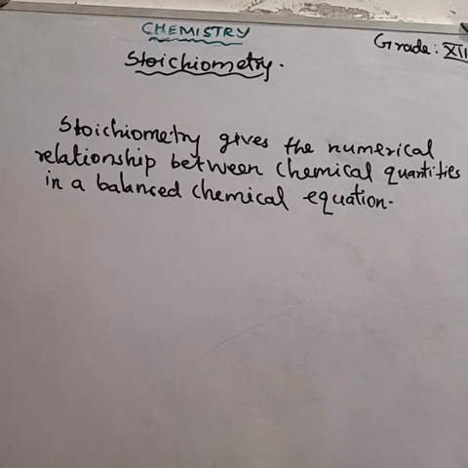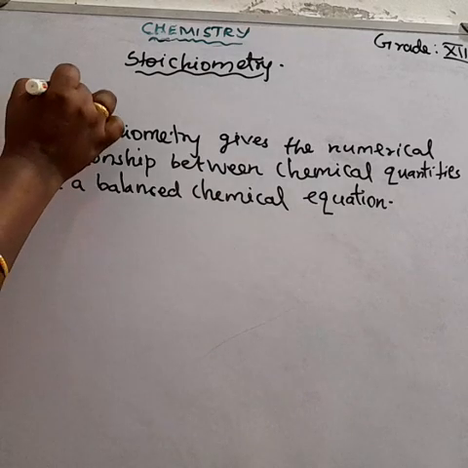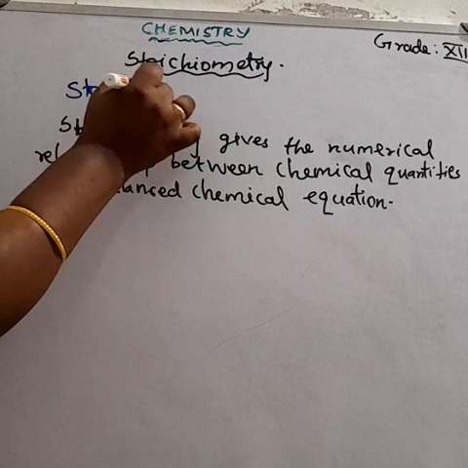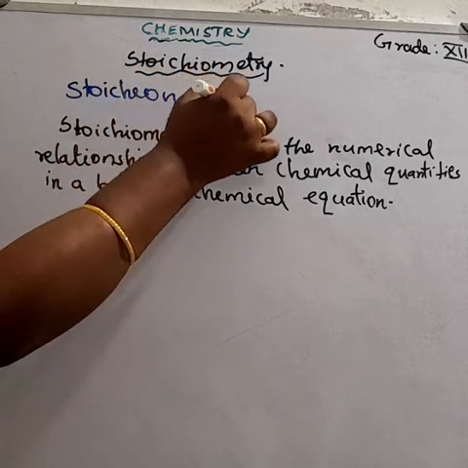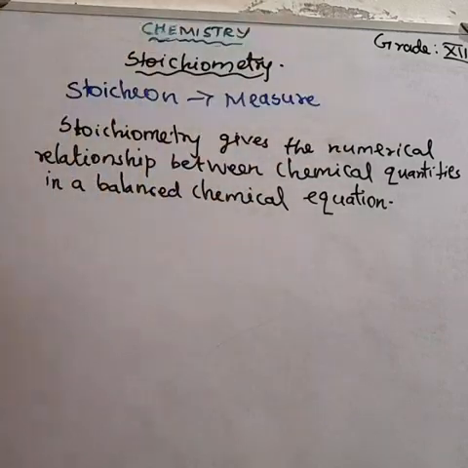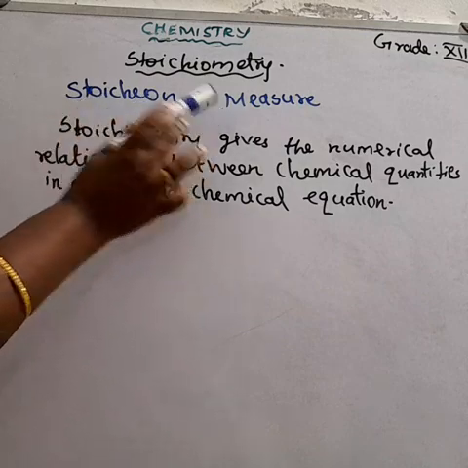Stoichiometry: in Greek, stoichion means element and metron means measure. Okay, measure.